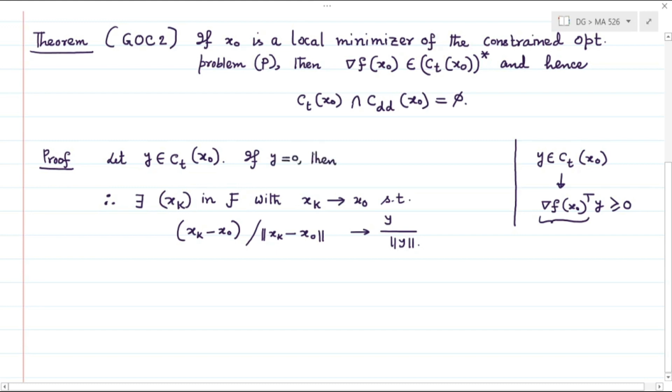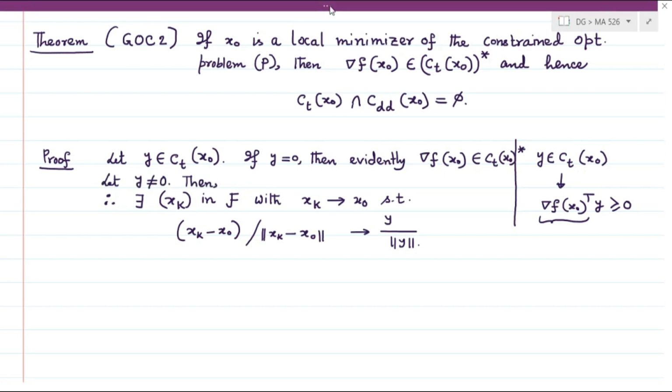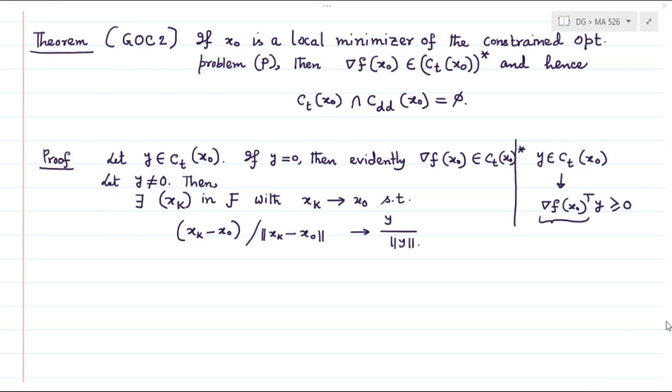If y is null, then evidently you have grad f x naught transpose 0 is greater than or equal to 0. And let y be non-null, then there exists a sequence xk such that the convergence that I have written at the bottom line holds.